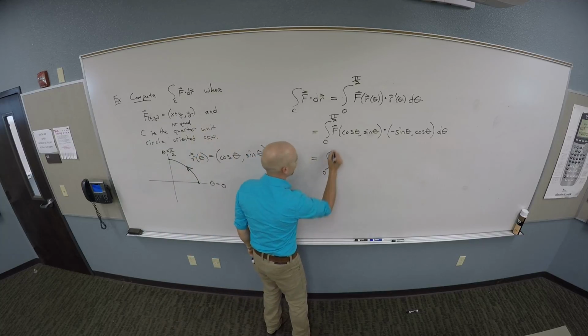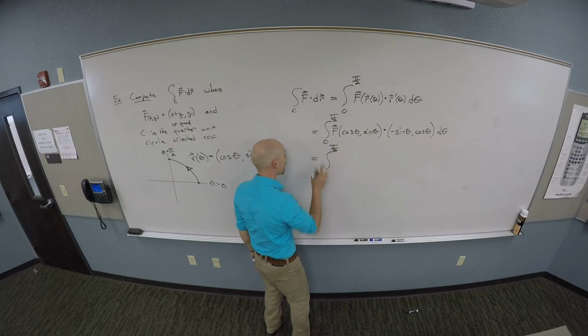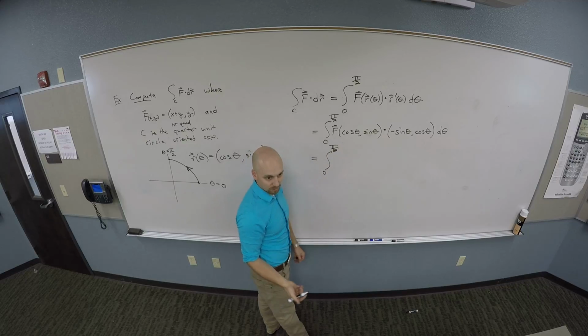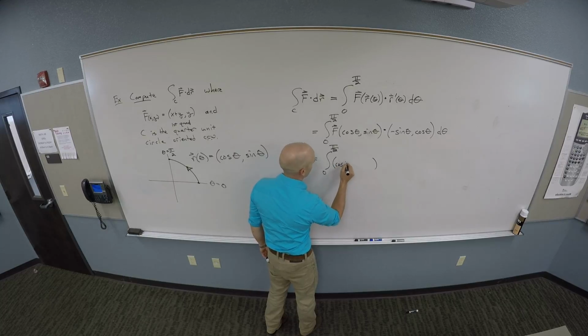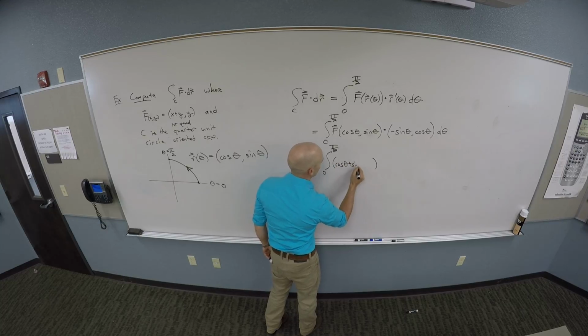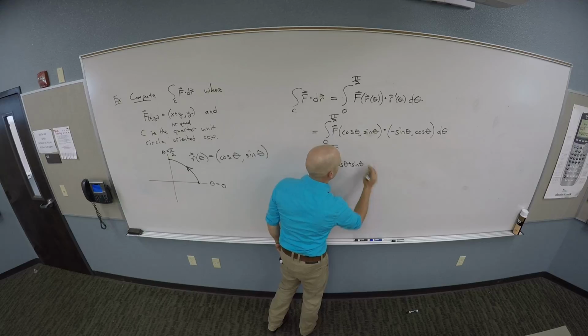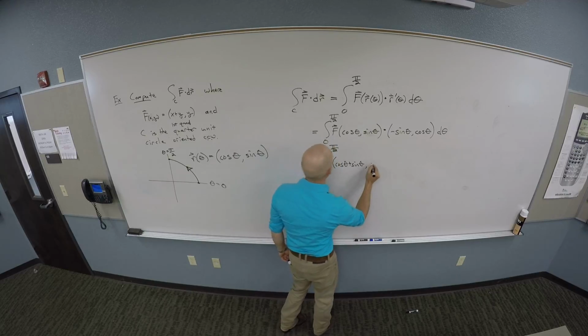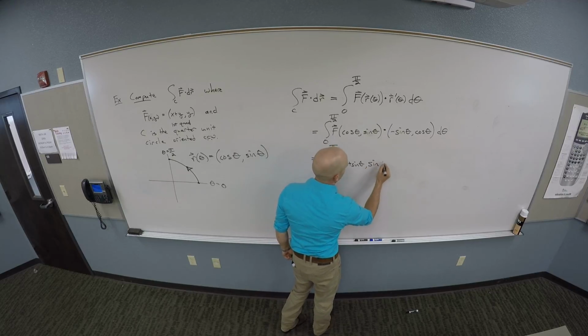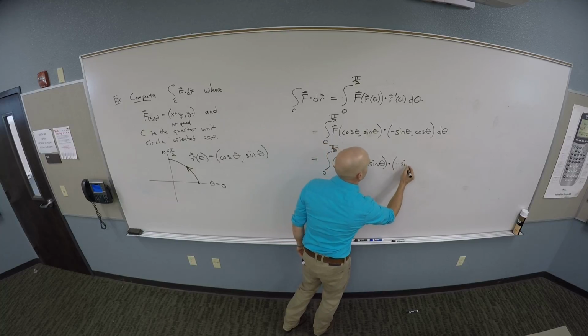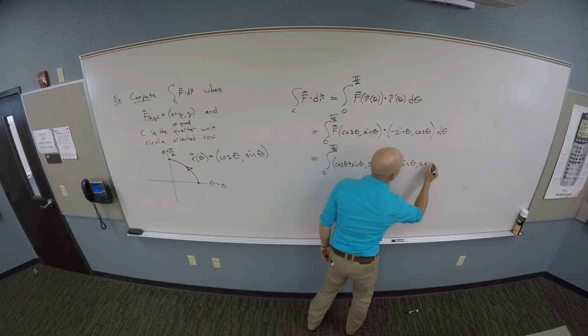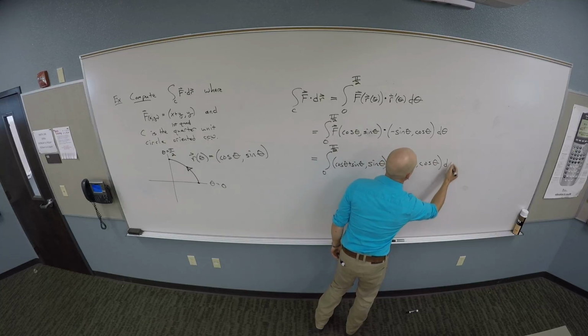So I'm going to get the integral from 0 to pi over 2 of cosine theta plus sine theta comma sine theta, dotted with negative sine theta comma cosine theta, d theta.